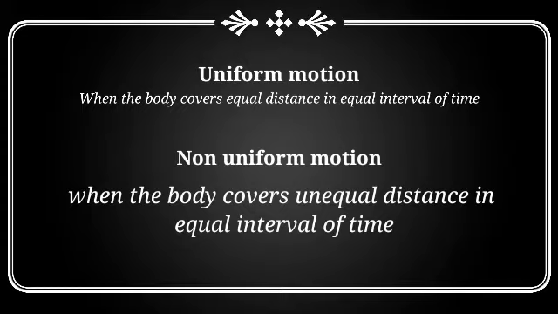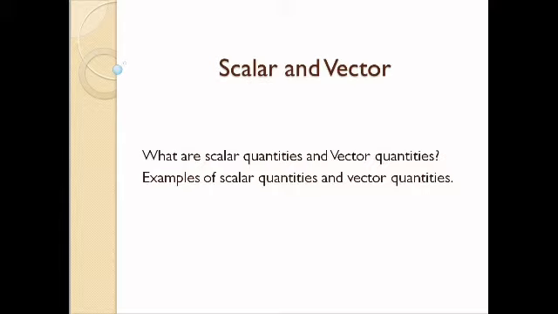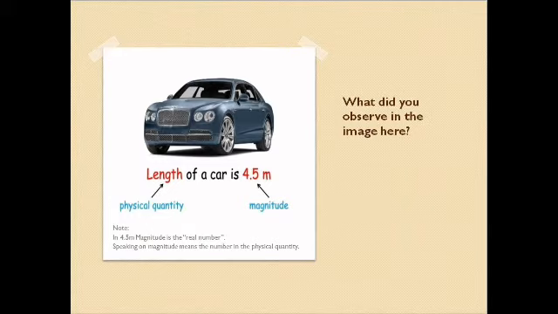But before studying about speed, let us study what is scalar and vector. For this, let us understand these pictures. You just observe these pictures. What do you find? The difference, note it down in your notebook. So here is your first picture. You can see here a car which is of length 4.5 meter.